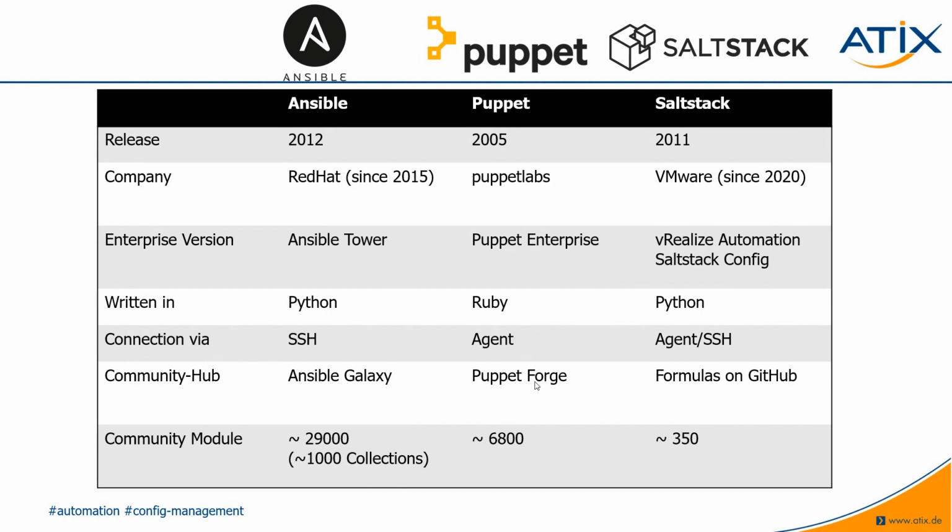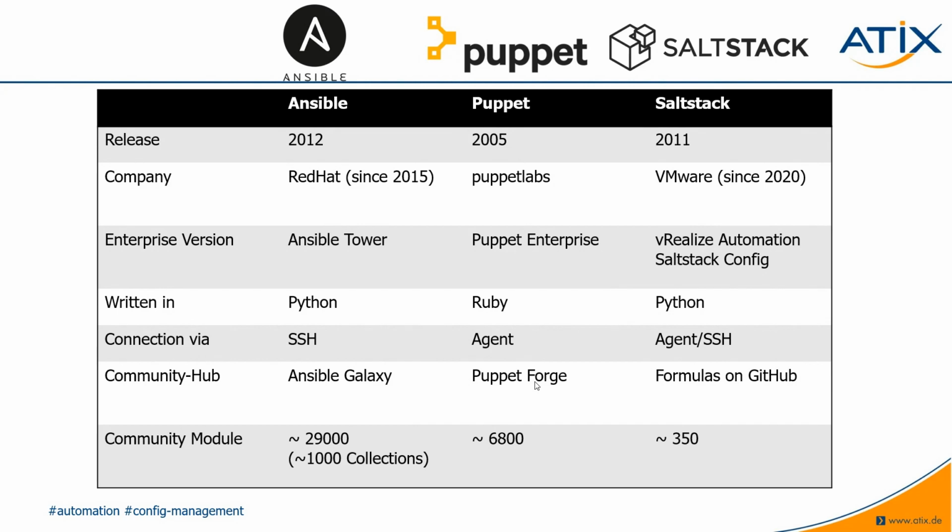And with SaltStack, the great thing is you can have both. SaltStack has an agent, which in this case is called Minion. The Minion works very similarly to a Puppet agent, so you can run it periodically, and the server itself asks a master system how it should be configured and applies every change.